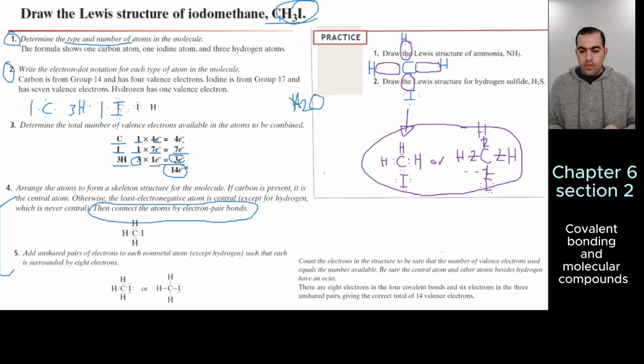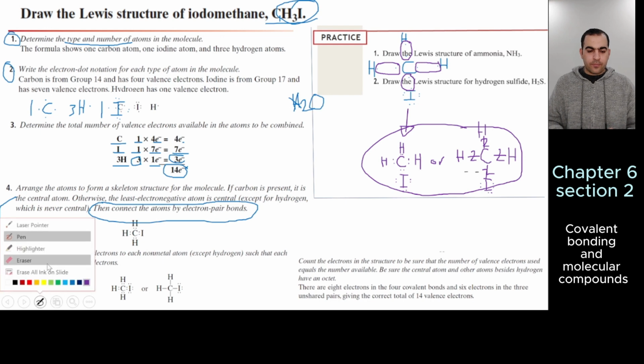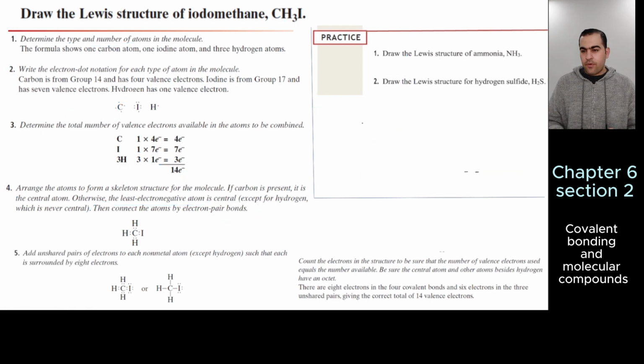Let's do it for NH3, ammonia. We have 1 nitrogen and 3 hydrogens. Then the total number, write the Lewis structure for each atom. Nitrogen is in group 15.